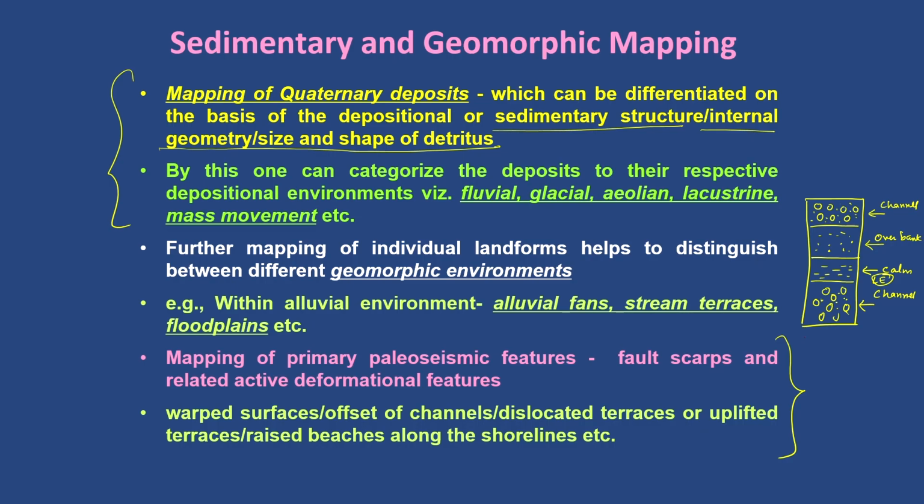Hence, we have to be very careful about the mapping in terms of surficial morphology and stratigraphy. With this, I'll stop here and we'll continue in the next lecture with more details on this part. Thank you so much.